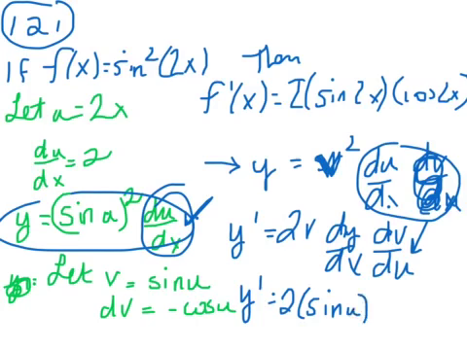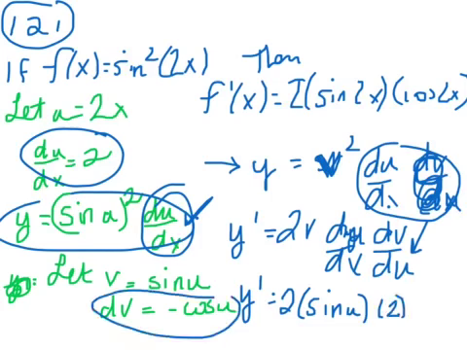dy dx, if I back up, I'm sorry, du dx was 2. That was right over here. And dv dx was right here, negative cosine u. And what was u? u was 2x. Okay, so let's see what we got here.